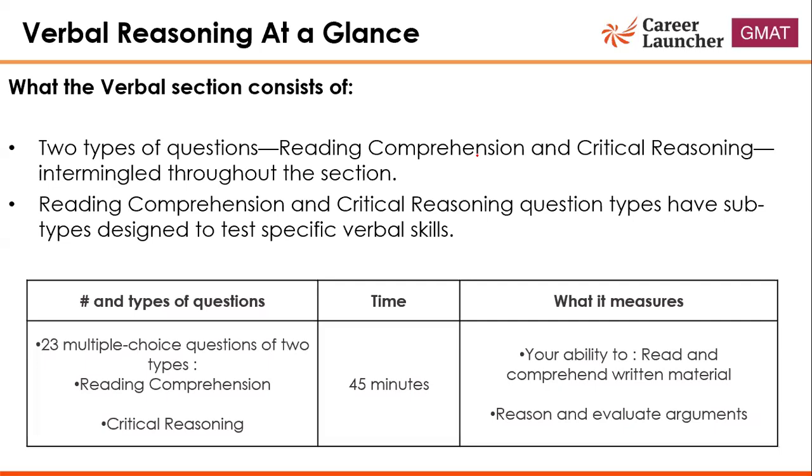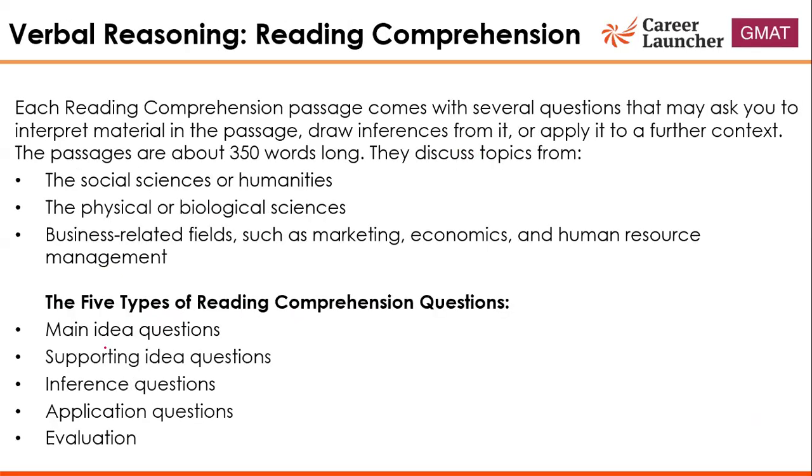When it comes to verbal, as discussed, you have reading comprehension, where you'll have passages based on social sciences, humanities, business or biological sciences, business-related passages such as marketing, economics, HR management. Now, remember, GMAT does not assume any knowledge, right? So it doesn't really matter what topic the passage is. Let's say anyone from a science background, it's not that a science passage is going to be easy for that person and vice versa, right?